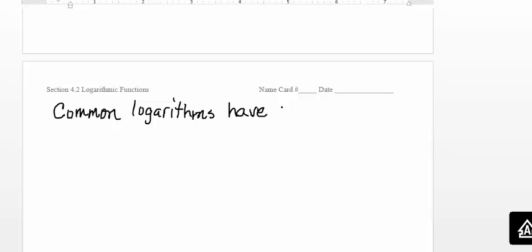Okay, so there are two special types of logarithms, and these are the logarithms that are on nearly all scientific calculators. That is what we call the common logarithm, and that's the logarithm whose base is 10. So common logarithms have the base 10.